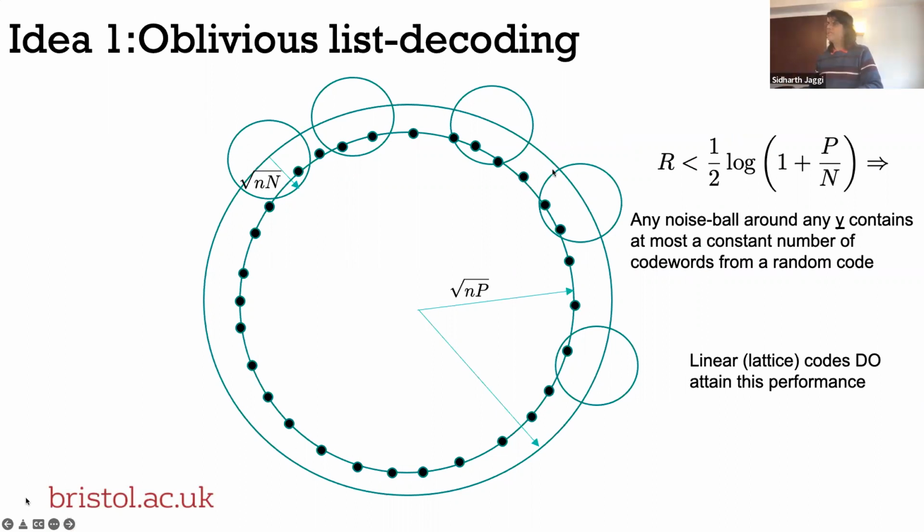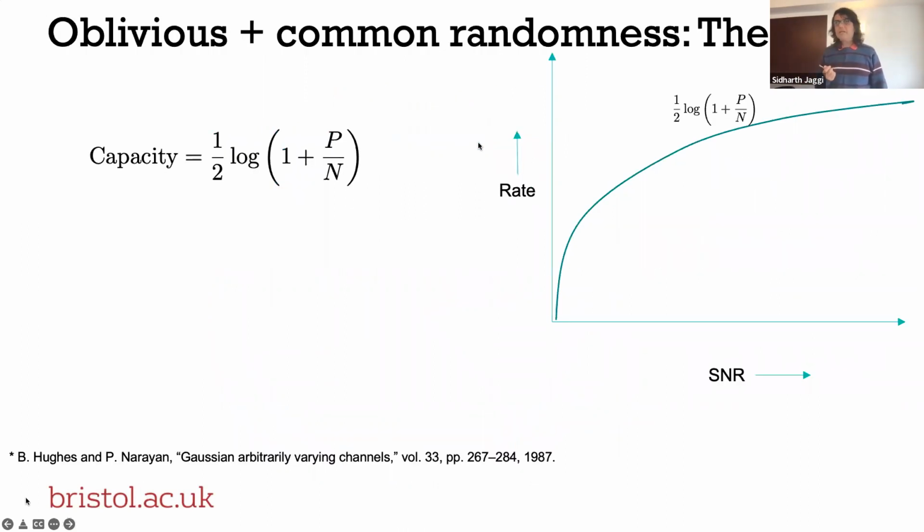The thing that's really useful over here is this tool called list decoding. What list decoding gives us is a fairly remarkable phenomenon. It says that even when you have adversarial noise, and even if the adversary can always try to confuse you between one code word and another one, you can still prove that he can never confuse you between too many code words.